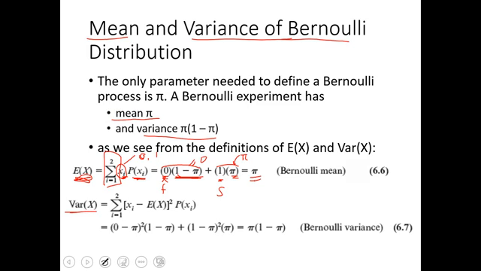And the variance is the sum of (xi minus the mean of x) squared times the probability of xi.